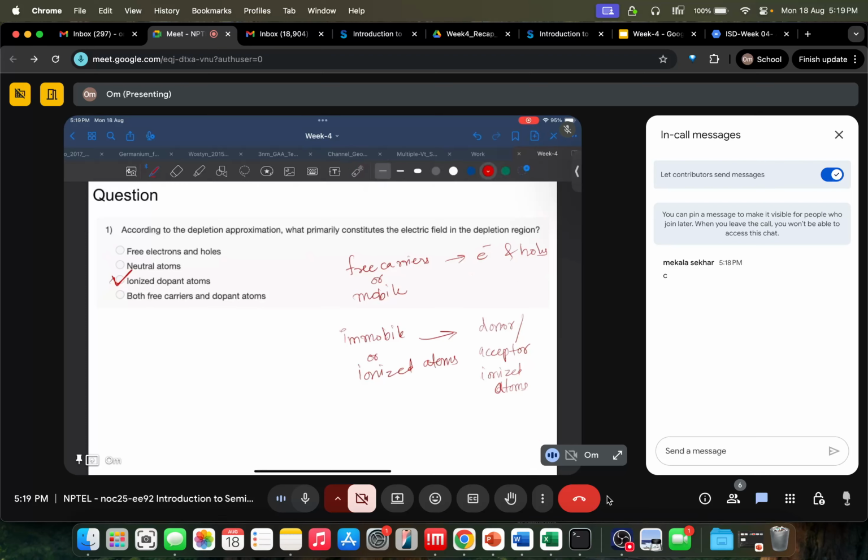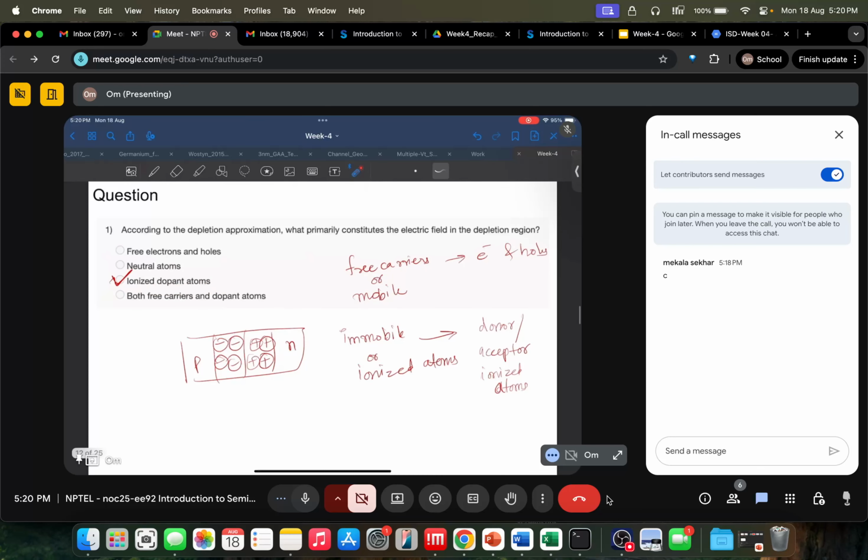So in the depletion region, in the N side we have positive ions and in the P side we have negative ions. Positive ions, because the donor atoms have given one electron and are now positive. Acceptor atoms have taken one electron and are now negative. So this is the depletion region where we have ionized dopant atoms.